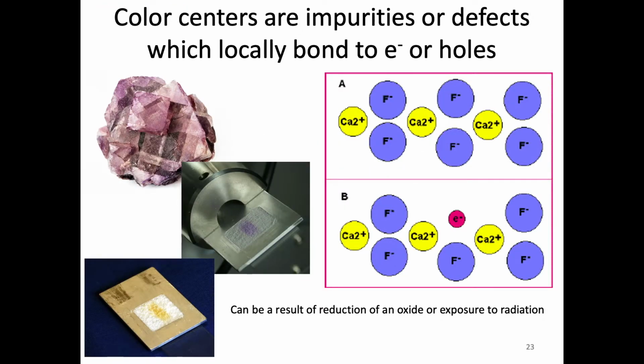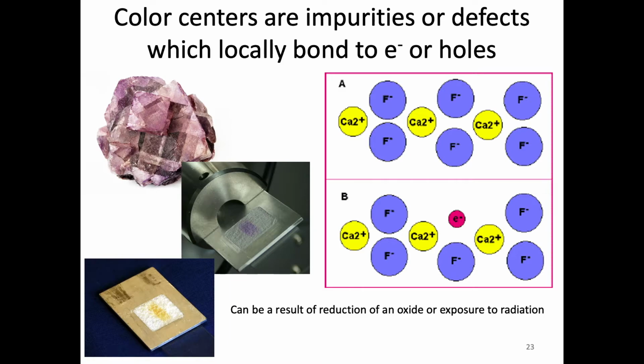Okay, so let's look at some other methods in which we can get color in ceramics. I brought this up, and this is a particular crystal that also has color centers. All color centers are impurities or defects, which locally bond to electrons or holes.